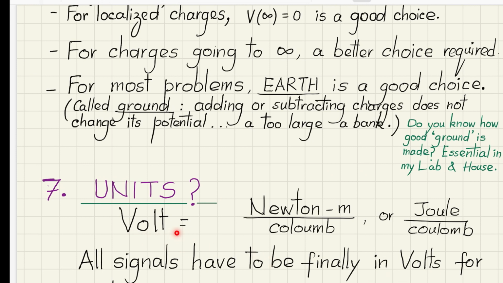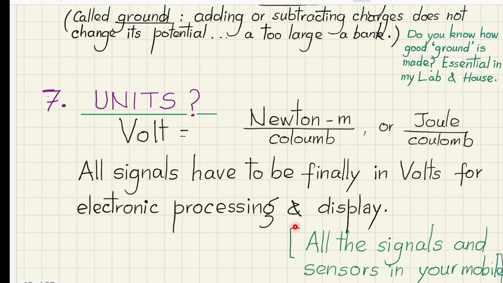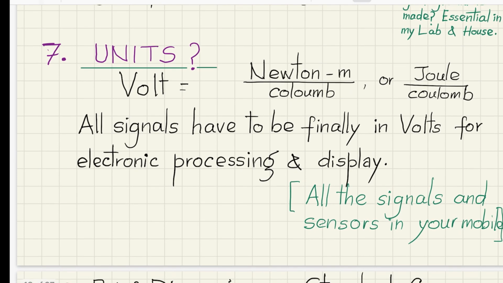The volt is so easily measured that we don't normally measure the electric field. We measure potential, and then express the electric field in terms of volt per meter. So all the signals or sensors in your mobile, for example, have to finally be converted into an electrical signal and measured in terms of volts.